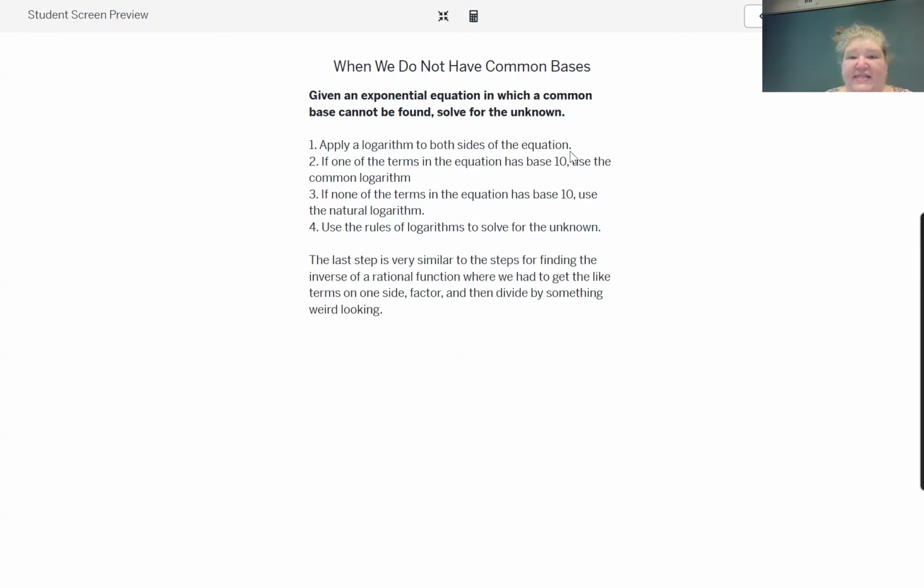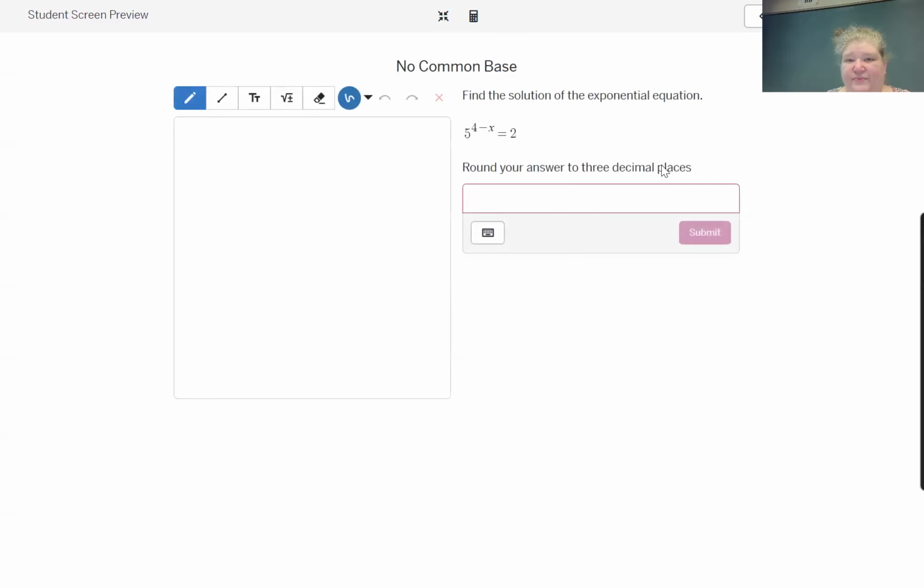So when this is the case, we have to use logarithms. And unless something has a base 10, we typically are going to use natural logs to solve. WebWork also specifically requests natural logs. So that's what we're going to do with this nonsense.